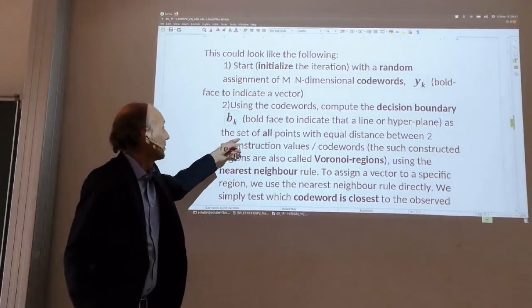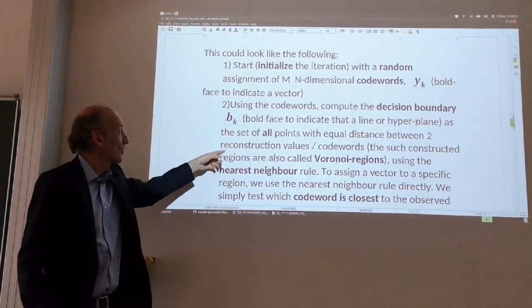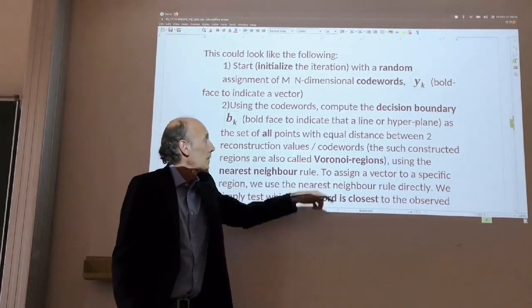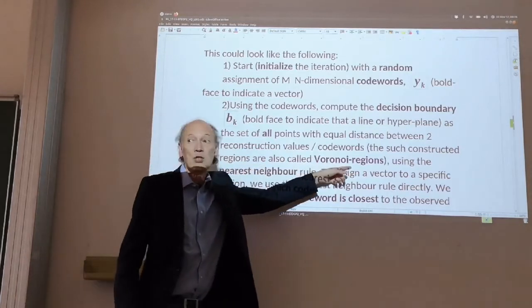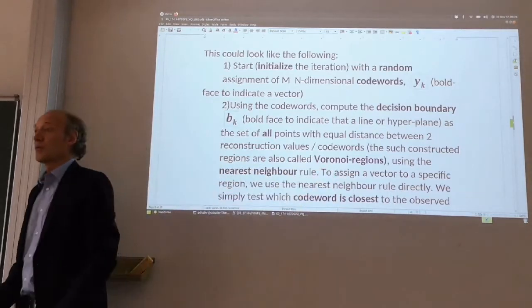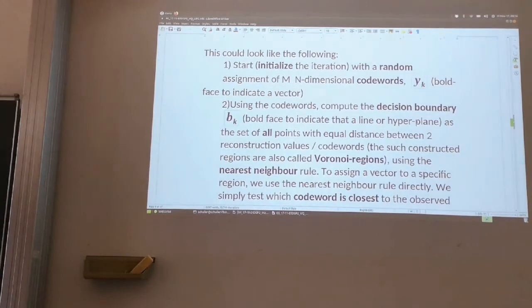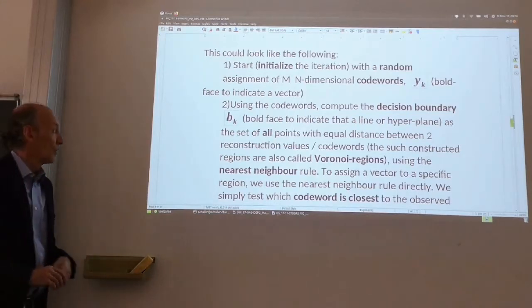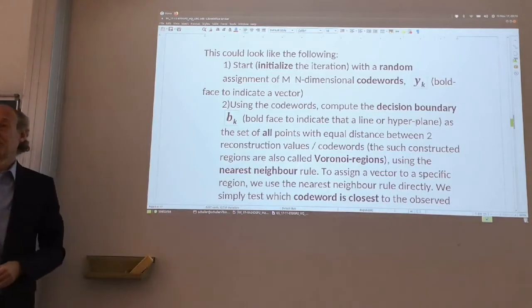This is basically the set of all points with equal distance between two reconstruction values or code words. Such constructed regions are also called Voronoi regions. The region around each code word, which belongs to this code word, is called a Voronoi region. And this is using the nearest neighbor rule.